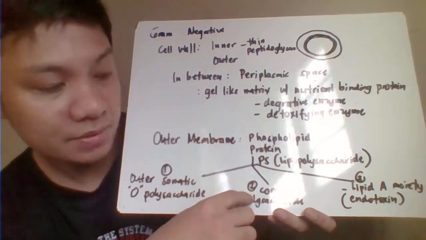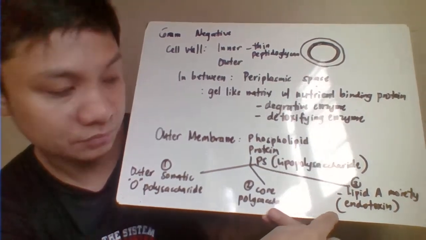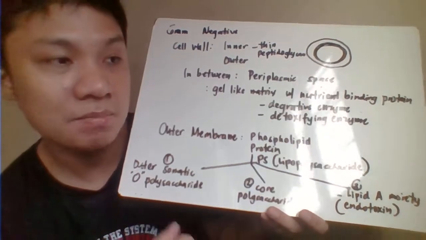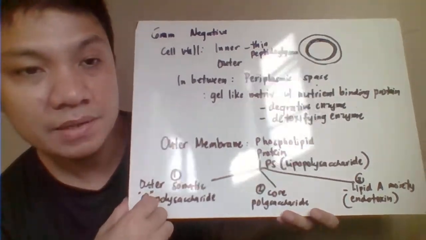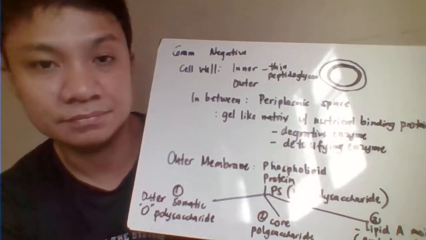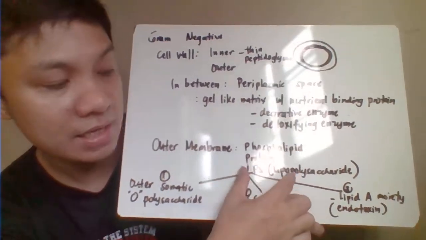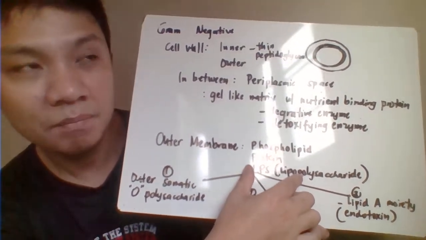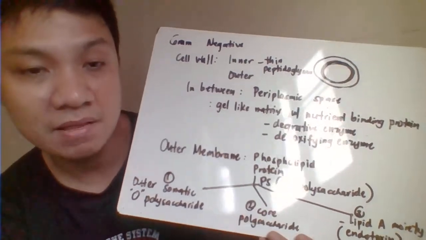The middle one is your core polysaccharide. And another layer is made up of the lipid A, or you call it the endotoxin. Again, all of these are found on the outer membrane of your gram-negative cell wall.